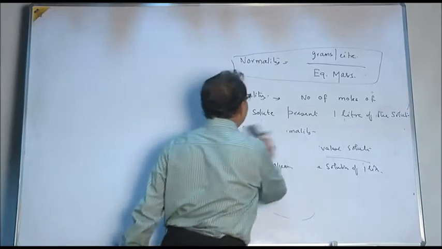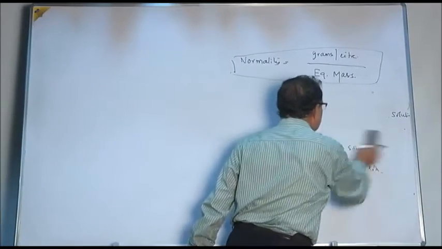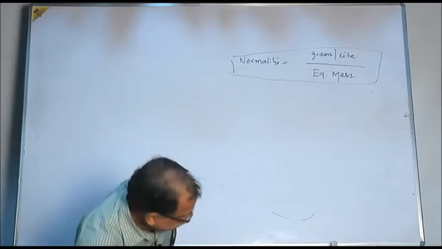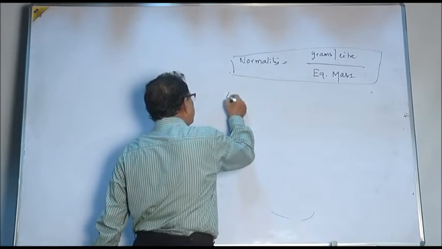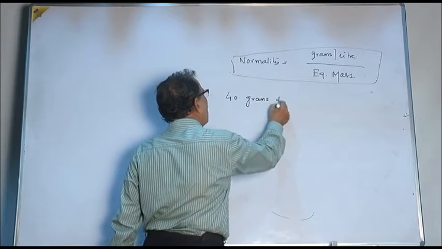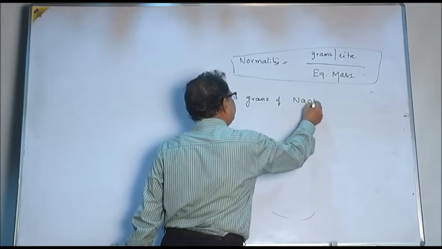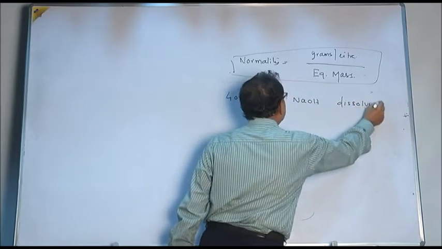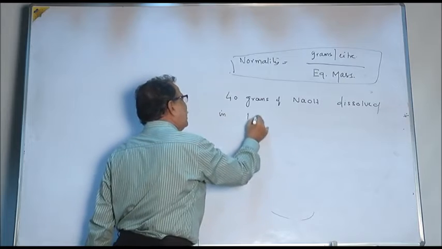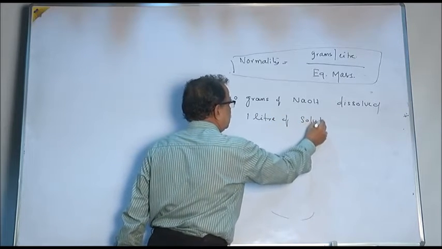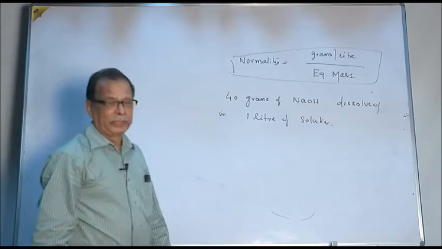Suppose 40 grams of sodium hydroxide is dissolved in 1 liter of solution. Find out the normality.